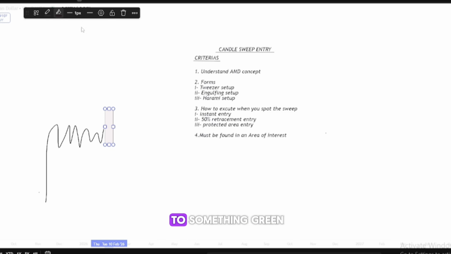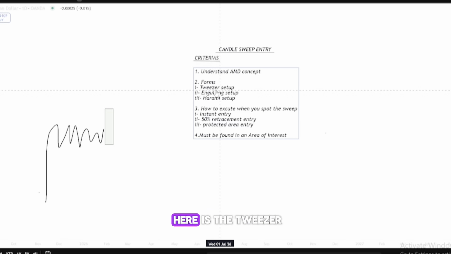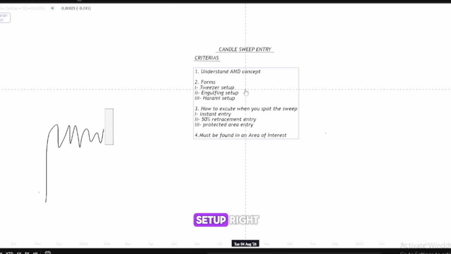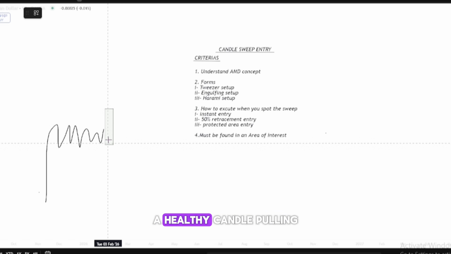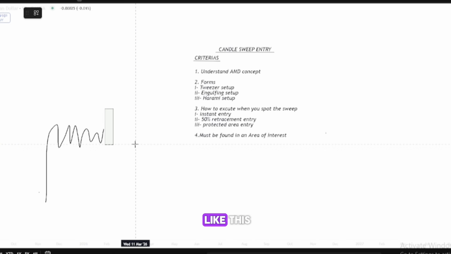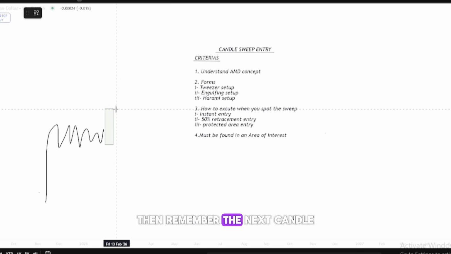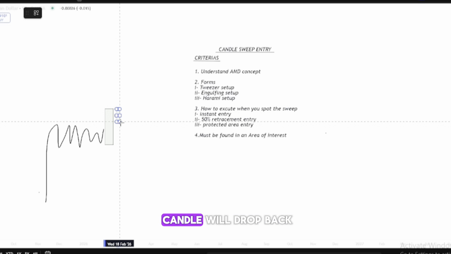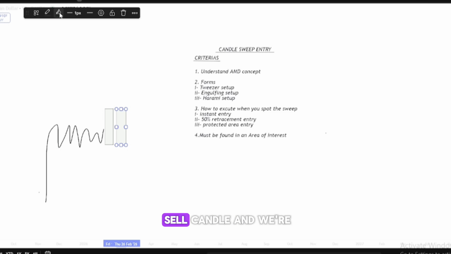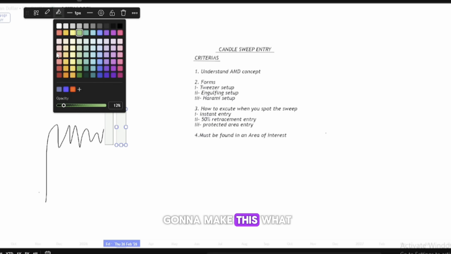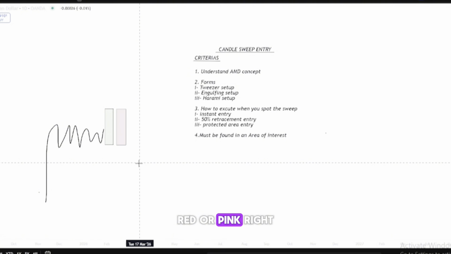I'm going to change this to something green, and then the first one you can see here is the tweezer setup, right? So we want to see a nice impulsive move, a healthy candle pulling out of the structure like this. Then remember the next candle, which is the manipulative candle, will drop back into the structure. So this is a sell candle, and we're going to make this red or pink, right?